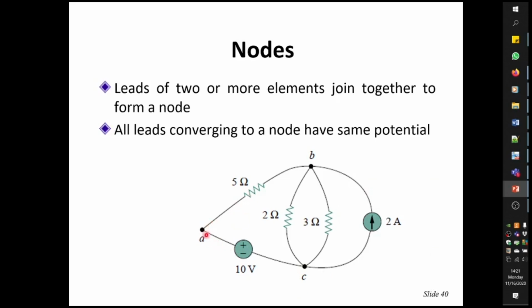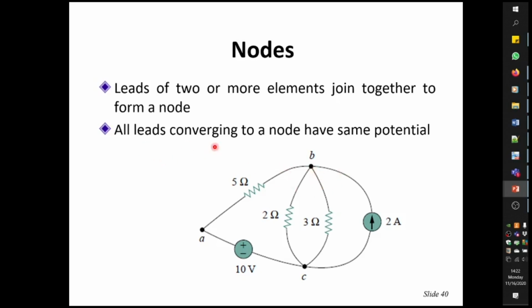So at this node, we have 2 elements, the 5 ohm resistor and the 10 volt source. These two connect at this point to give you a node. Similarly, leads of multiple elements can also connect at a certain point. The 5 ohm resistor's terminal, the 2 ohm resistor's terminal, the 3 ohm resistor's terminal, and the 2 ampere source all connect at point B, node B. So all leads converge to a node.